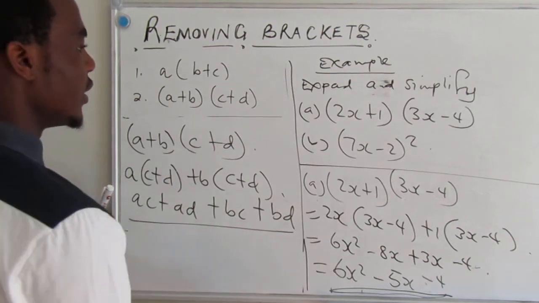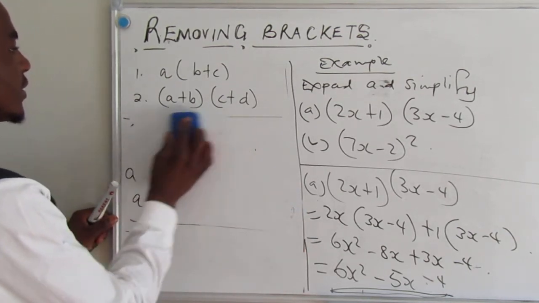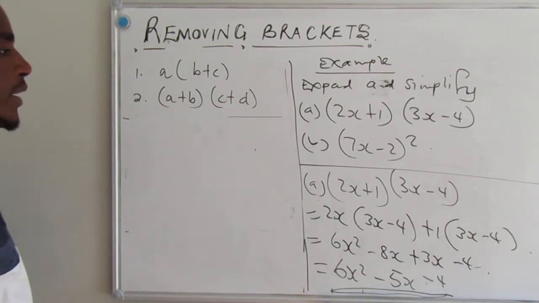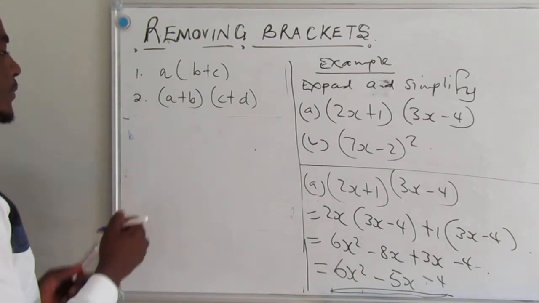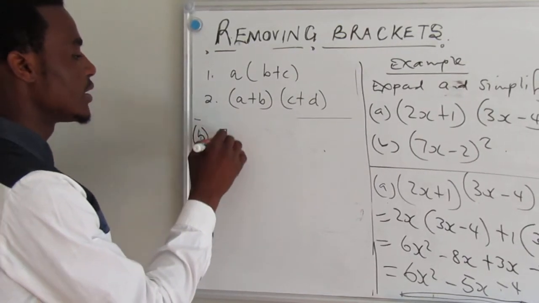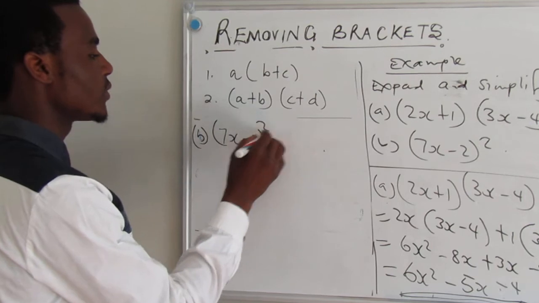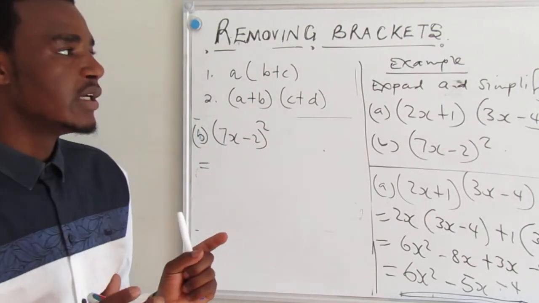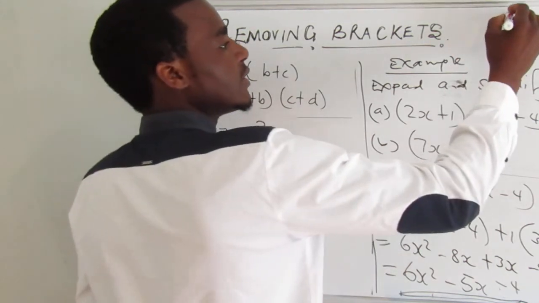Part B solution. (7x minus 2) squared is equivalent to (7x minus 2) squared. Recall, if I say a squared, it is the same as a times a.